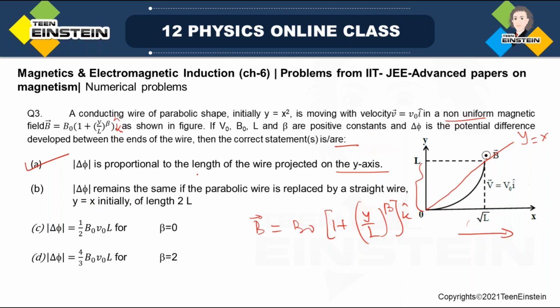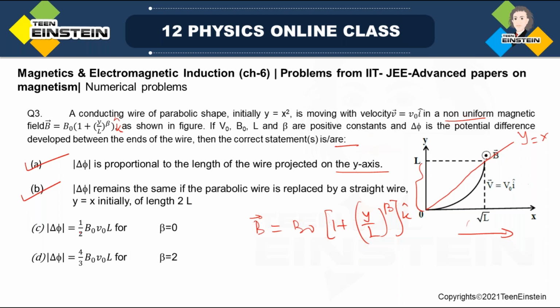If it moves along this way, there is no change in the area, so there will be no change in the flux at all. So in this case option B is also correct. So flux change will always be constant.